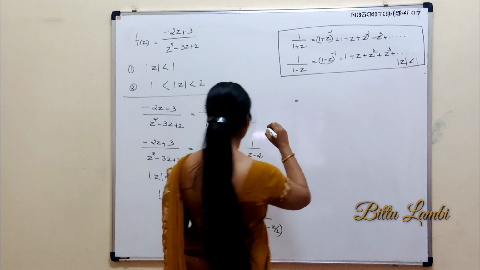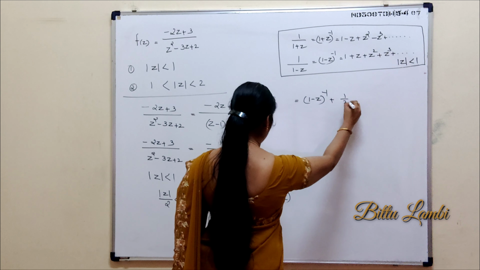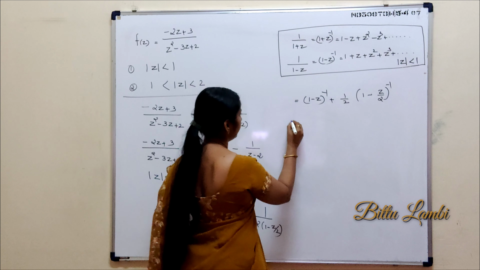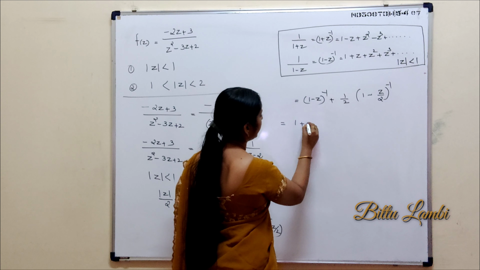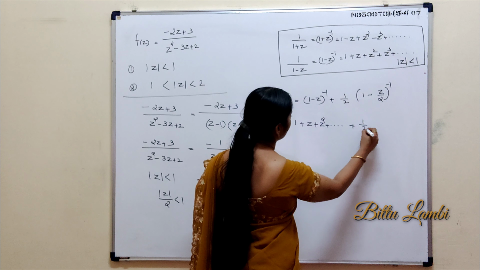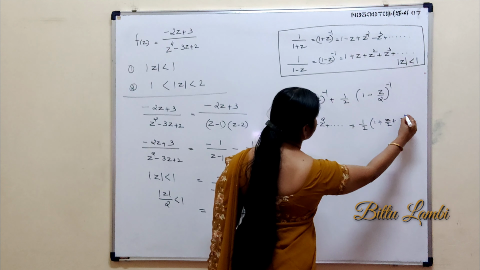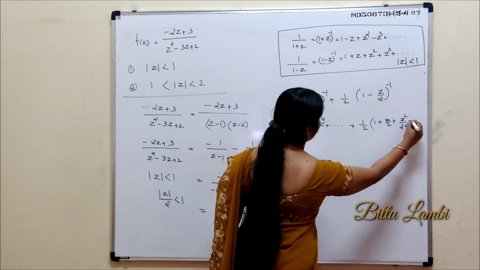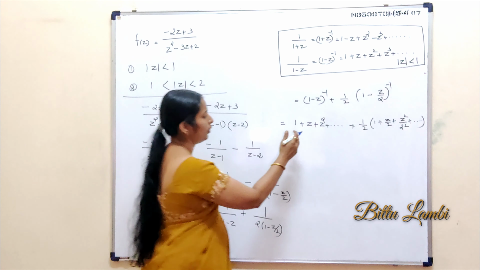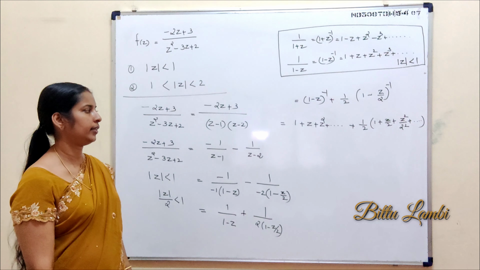It equals (1 - z)^(-1) + (1/2)(1 - z/2)^(-1). Its expansion is 1 + z + z² + etc. plus half into 1 + z/2 + z²/2² + etc. See, now this is in the form of an infinite series containing powers of z.